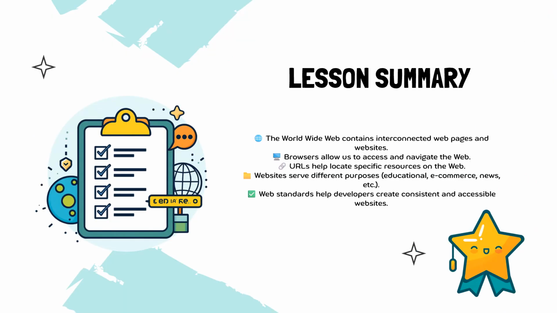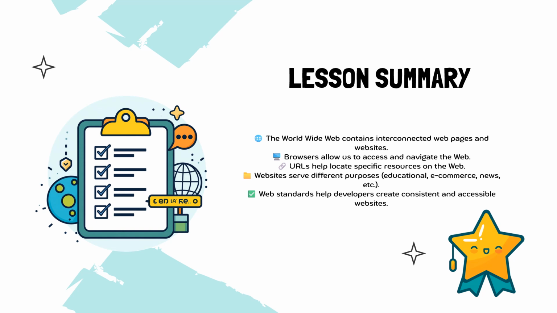So, lesson summary. Before we end our discussion, let's review the most important concepts from today's lesson. The World Wide Web contains interconnected web pages and websites. We use a web browser to access and navigate the web. The URL helps us locate a particular resource on the web.